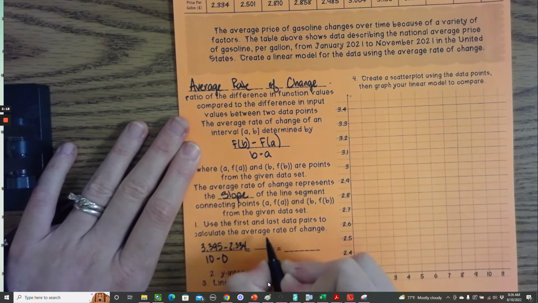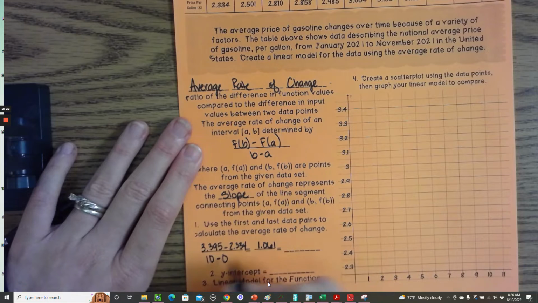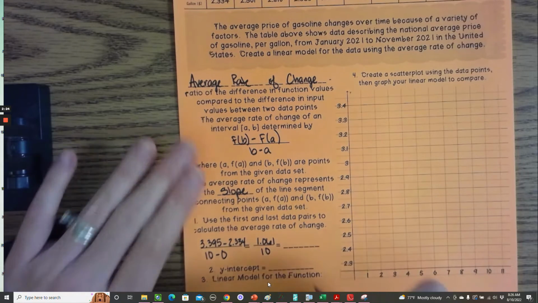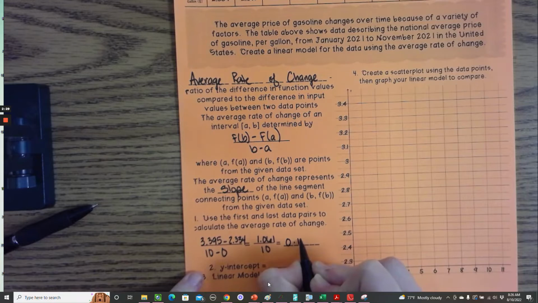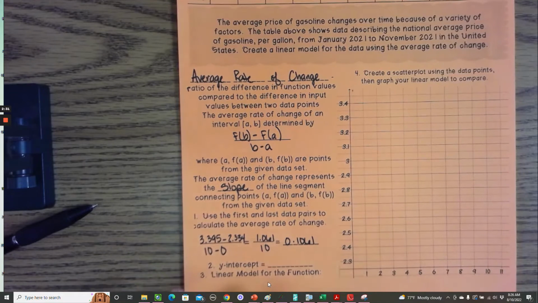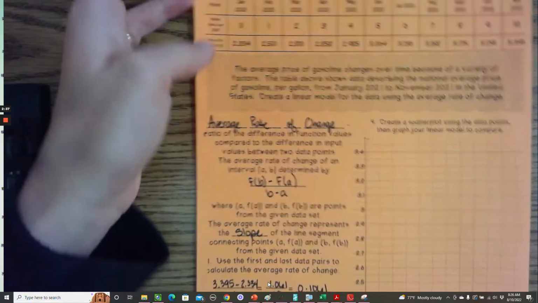If we subtract this out, we get 1.061. 10 minus 0 is 10. And if we simplify this, 0.1061. That is my average rate of change. My y-intercept would be where x is 0.